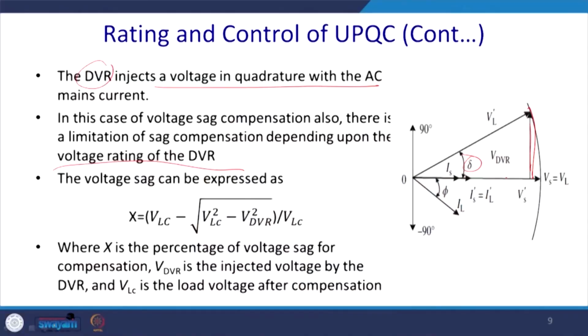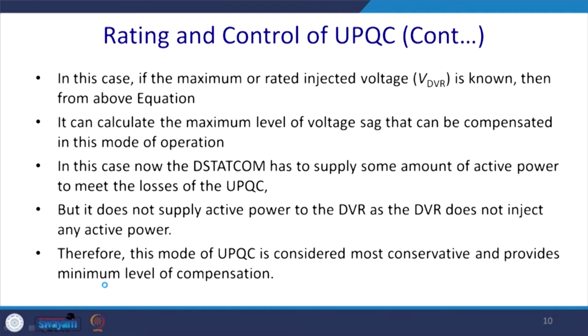So anyway, the voltage sag can be expressed as X, that is VLC, the uncompensated voltage, minus the square root of VLC squared minus dVr over VLC, where X represents the percentage of the sag for the compensation, dVr is the voltage injected by the DVR, and VLC is the load voltage after compensation. So this is the calculation for mitigation of the sag.